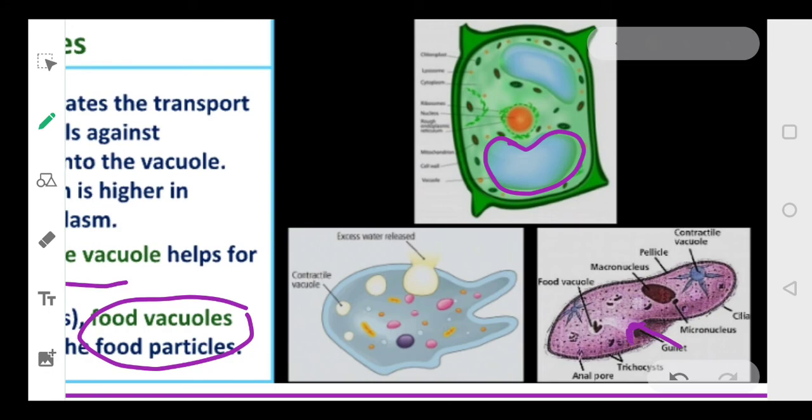Then there is a formation of food vacuole, and this food vacuole contains the food materials which have been taken. In case of amoeba, there are contractile vacuoles that release the waste materials which have been stored in it.